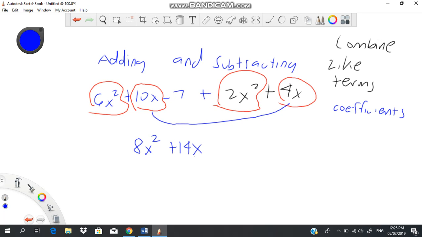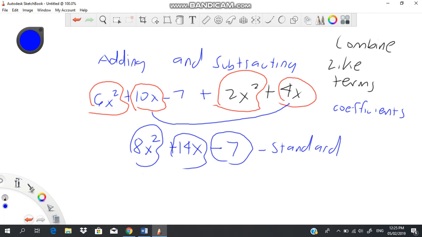Then just copy their variable. And last but not the least, you put in negative 7. This is how you add polynomials, and they must be in standard form. So this has a degree of 2, degree of 1, and degree of 0. So they are in standard form. I'll give you another one.